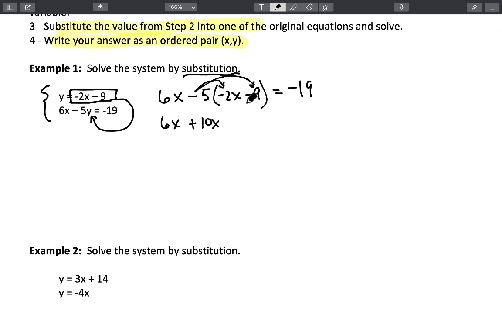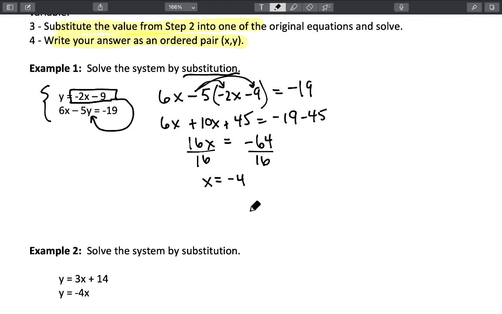Negative 5 times a negative 9 is positive 45. All right, let's combine some like terms. That gives me 16x is equal to, and I'm going to subtract 45 over to the right-hand side. And when I do that, I'll end up with negative 64. Dividing off the 16, now I'll have negative 64 divided by 16. This gives me an x value of negative 4.